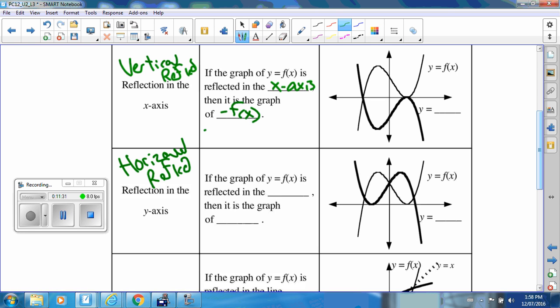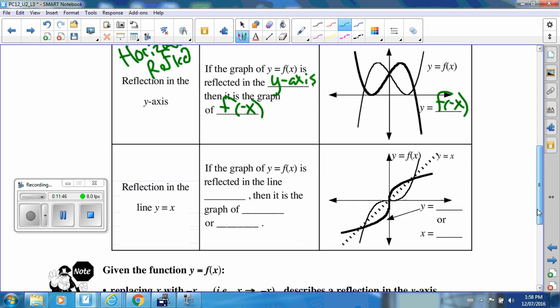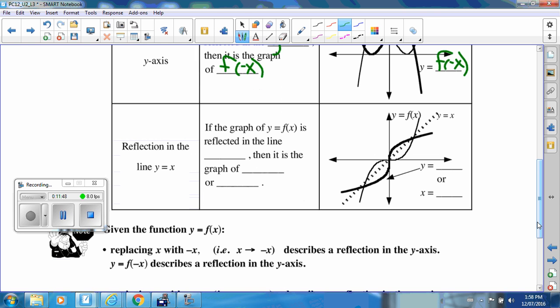And it's reflected in the y-axis. And this would be f at negative x. Again, think about what gets replaced.